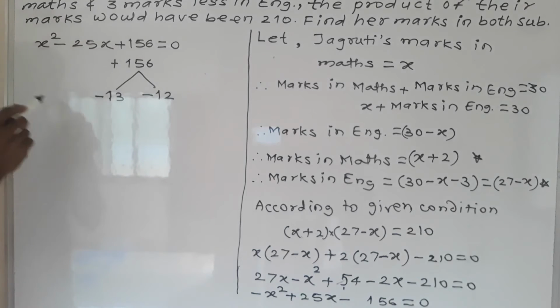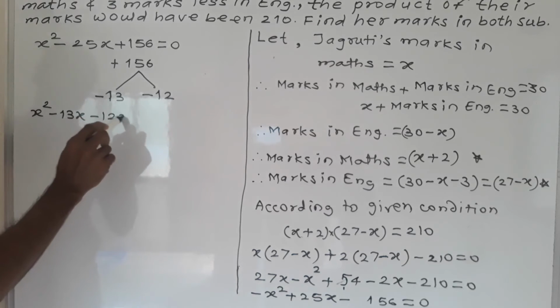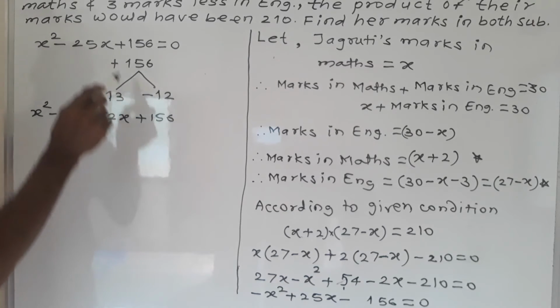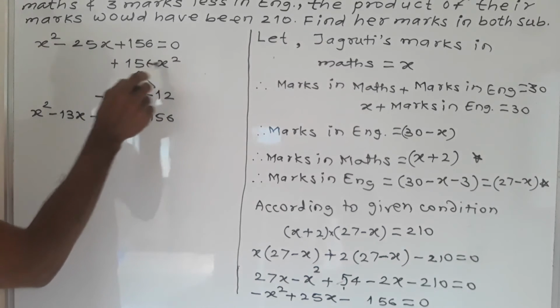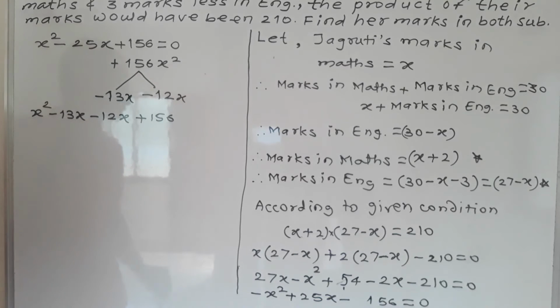Now we put, see here, x square minus 13x minus 12x plus 156, or you can write a product of these two, x square also means 156 into x square, therefore we write here this way also.